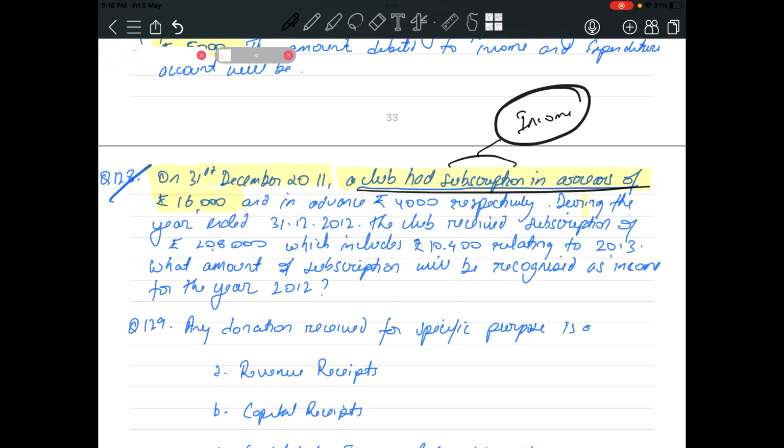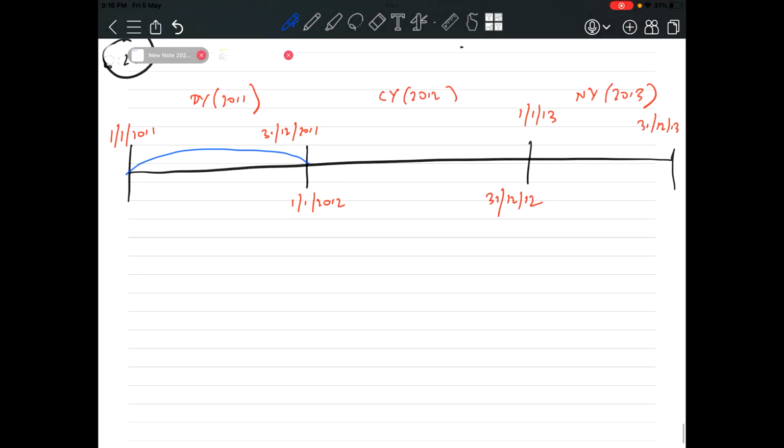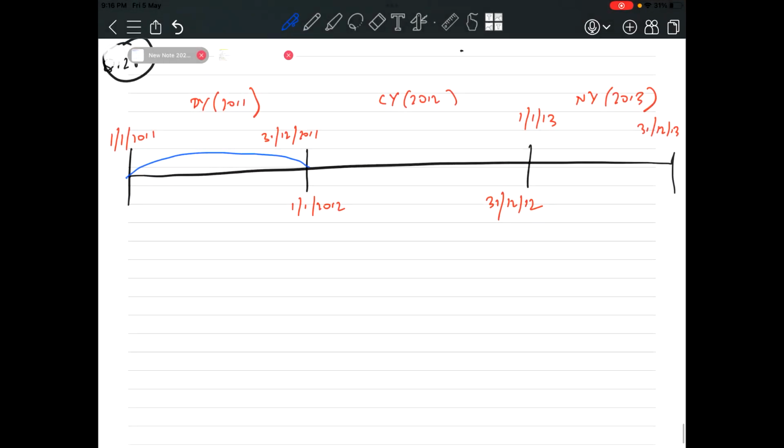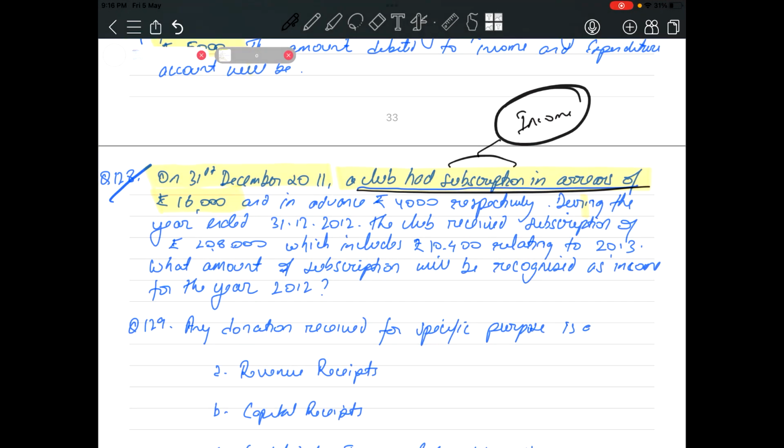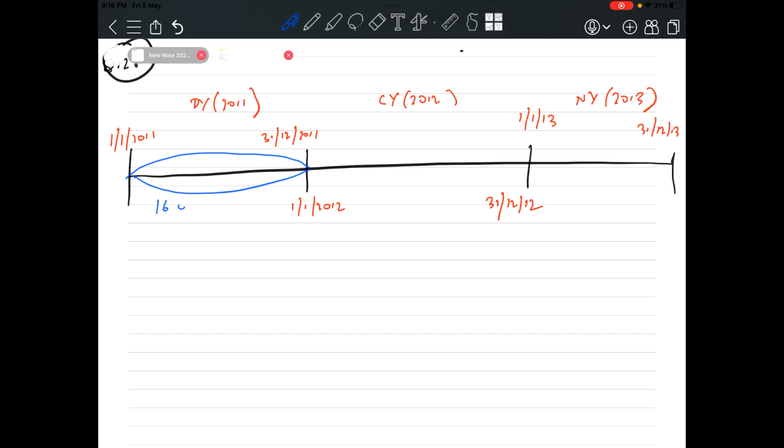So during the year ending 31st December 2011, there was a subscription in arrears. Arrears means the organization did not receive the subscription, of how much? 16,000. Now this is basically an outstanding income. We had to receive it but we did not receive it during this year.